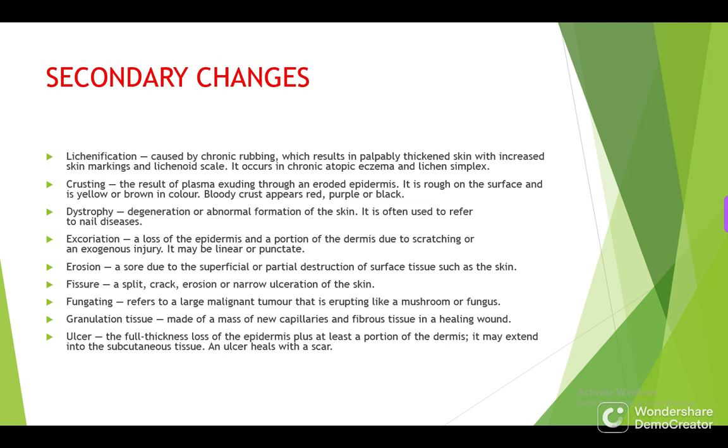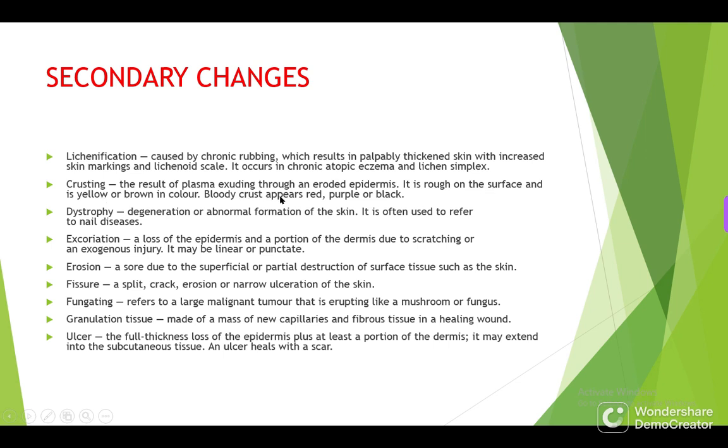Secondary changes are lichenification, caused by chronic rubbing, palpable thickened skin. This is very commonly seen in chronic atopic eczema and lichen simplex. Crusting is the result of plasma exuding through an eroded epidermis. It is rough on the surface and is yellow or brown in color.